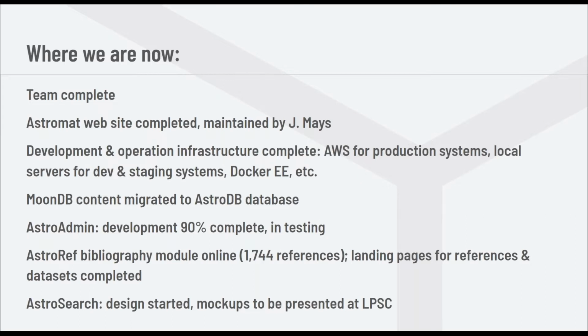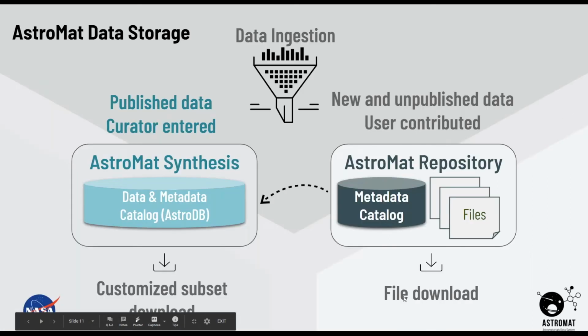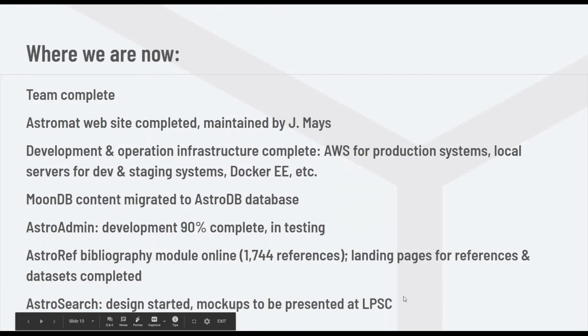This is in testing right now, but basically complete and ready to go. Last year, I already demonstrated our bibliography module that now provides access to over 1,700 references for these collections, with landing pages that provide information about the references and also show the data sets that are in them. And as Jennifer will show in a minute, we have started to work on the search application, and she will demonstrate some of the mock-ups that we have right now.